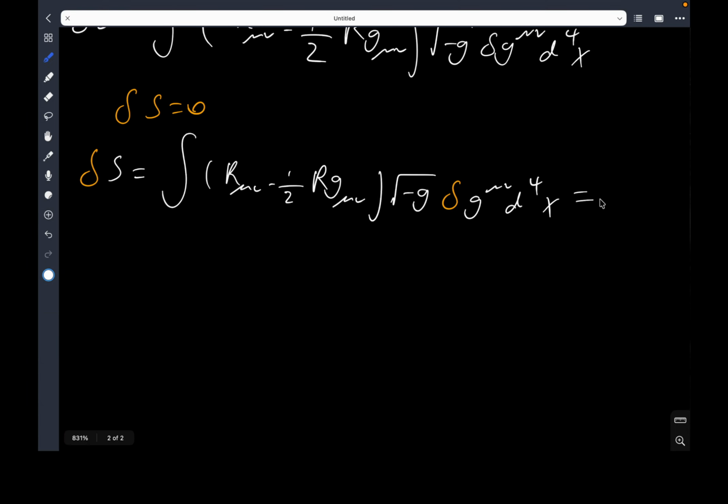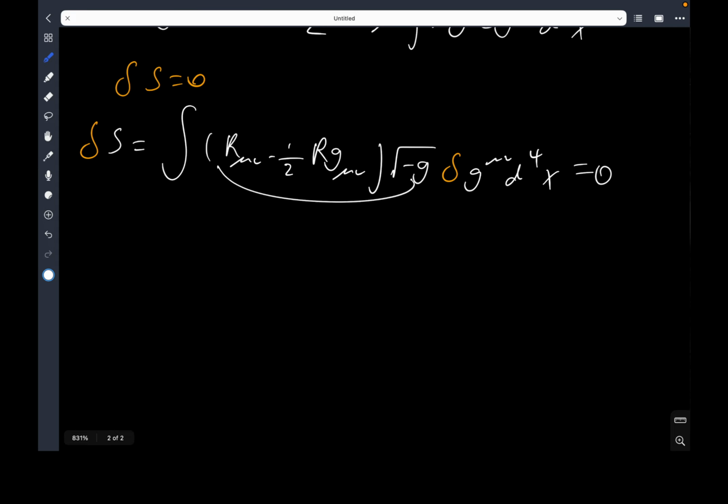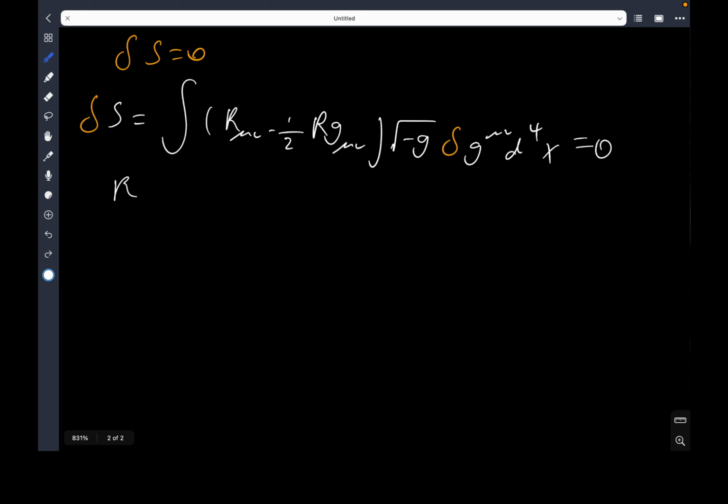If this is equal to 0, these other terms cannot be 0, only this term, R mu nu minus half R g mu nu, can be 0.